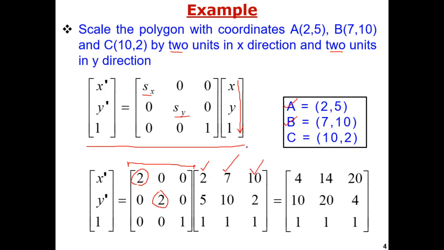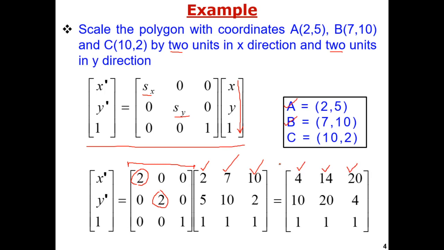If you have more than three points, like 4, 5 or 6 points, you have to write all the points in this manner, column wise. Then, when you multiply these two matrices, after multiplication you get the new values A dash, B dash and C dash. These are the new positions of A, B and C after scaling.